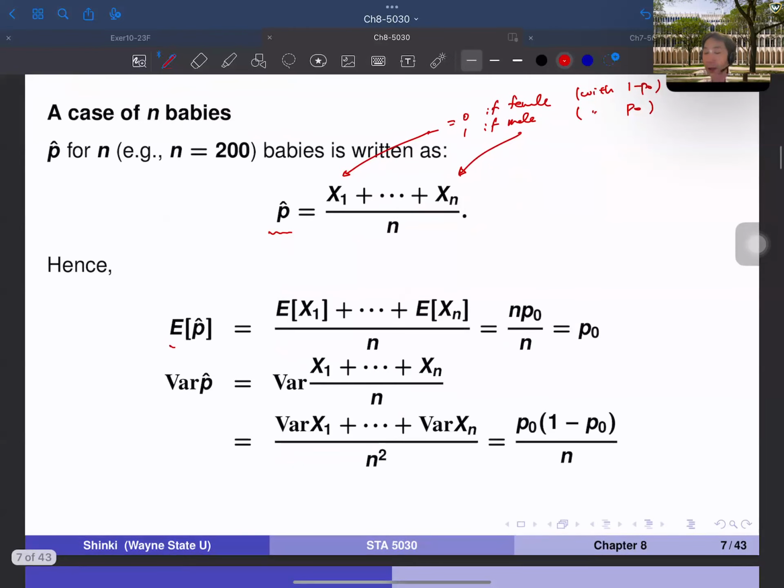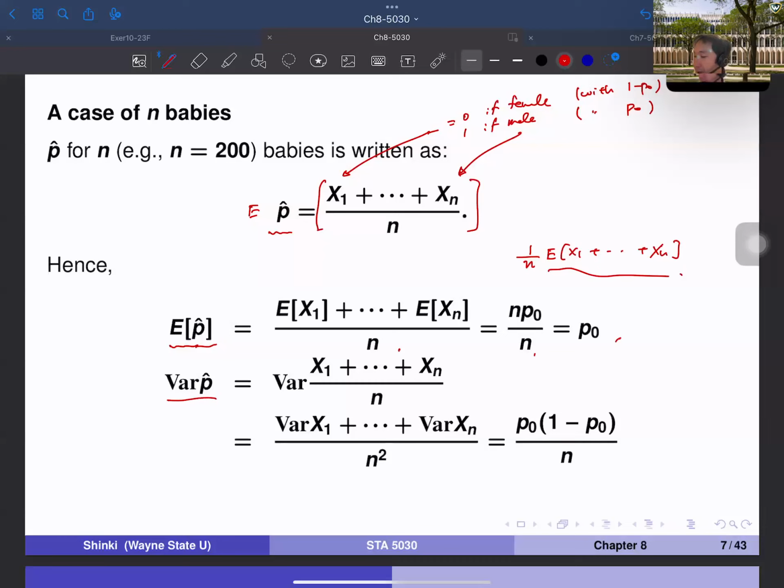In this case, expectation of p hat is calculated by this. Expectation is a linear function, so we can pull out 1 over n before taking expectation. And expectation of summation of xi's is summation of expectation of xi's. So we can decompose this part and get p naught.